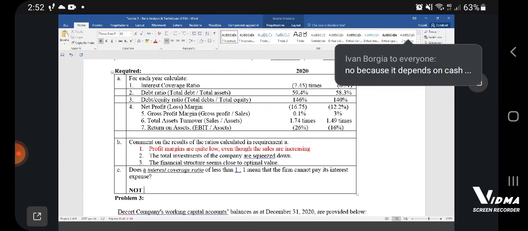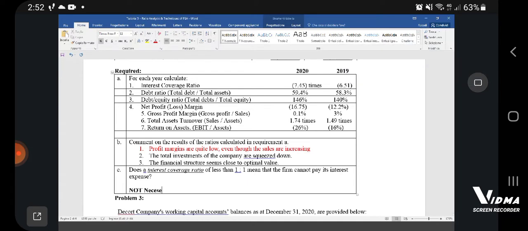Mm-hmm. Because your company cannot pay interest with EBIT, but maybe with retaining... In reality, if you allow me, the interests are not even paid from earnings. The interests are paid from the cash flows.